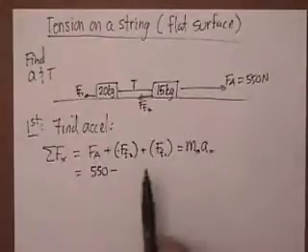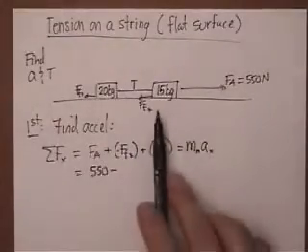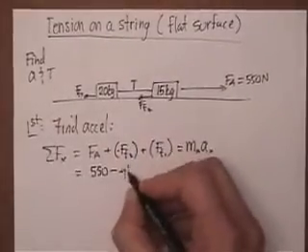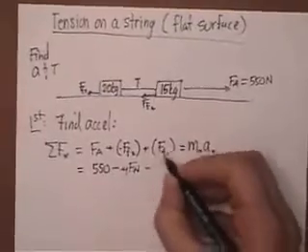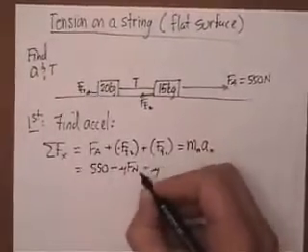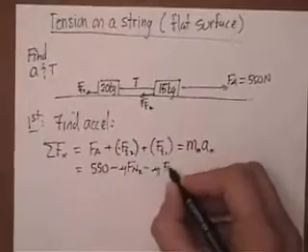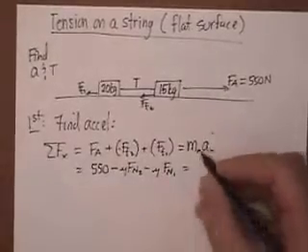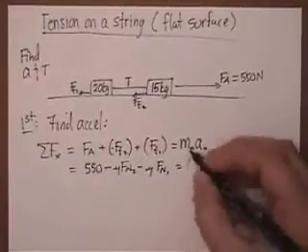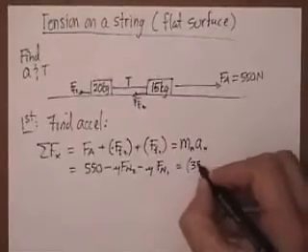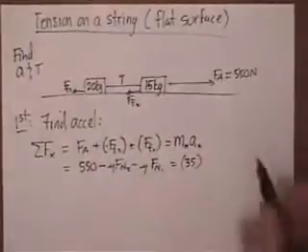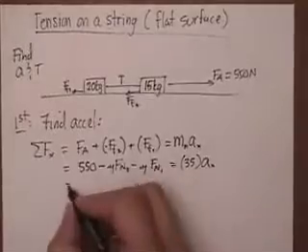Subtract off my force of friction 2, which is going to be mu Fn. Subtract off my force of friction 1, which would be mu times force normal 1, equals my net mass, which I can do right now. That'll be 35, because it'll be 20 plus 15, times ax.